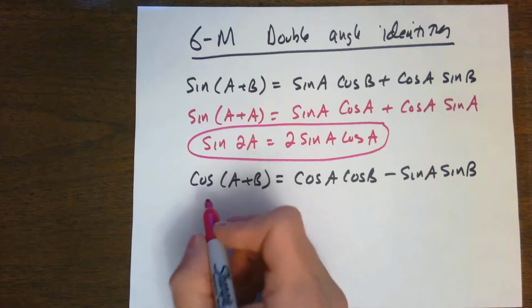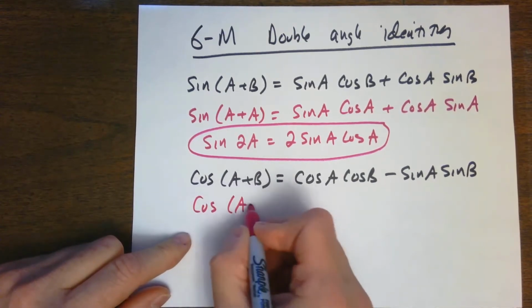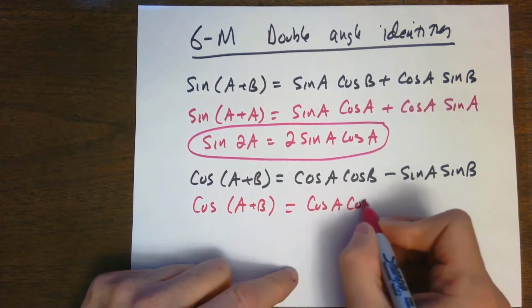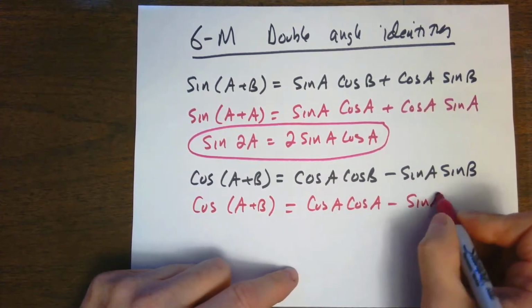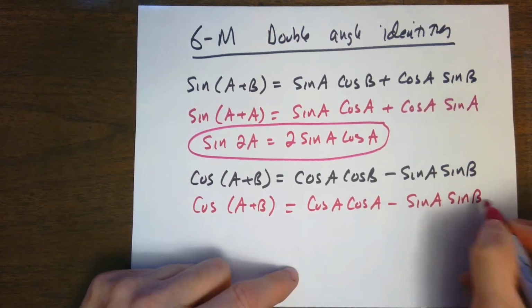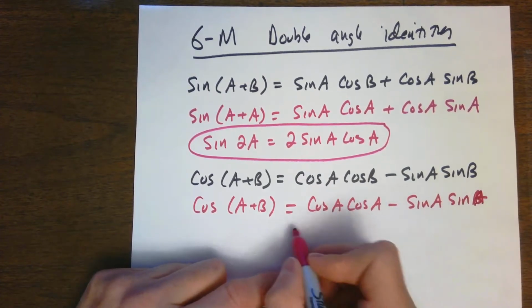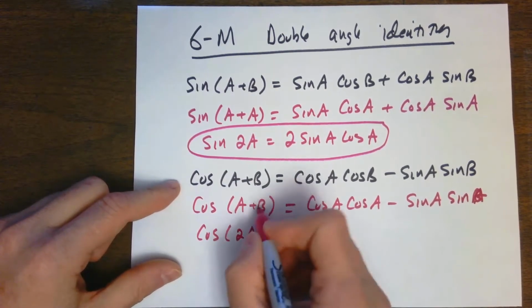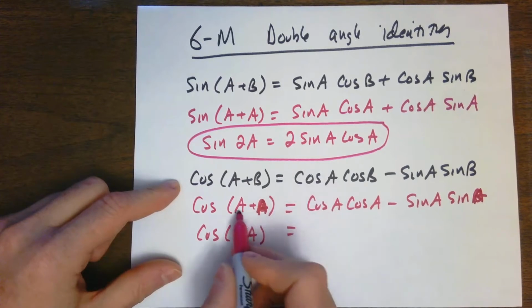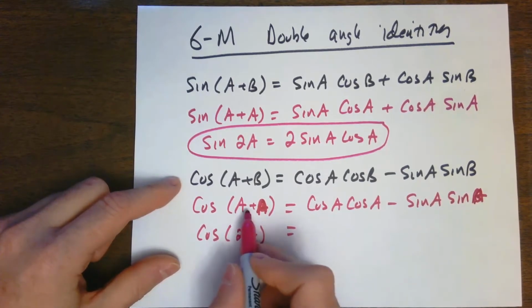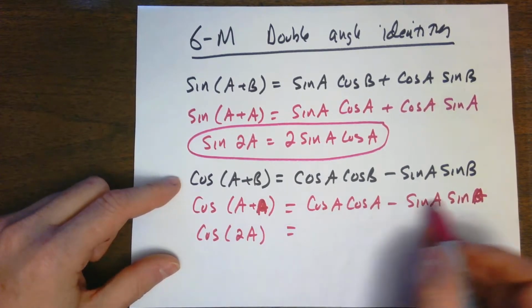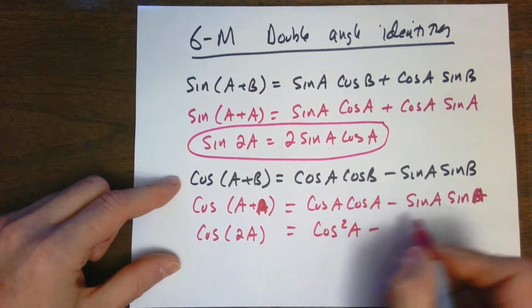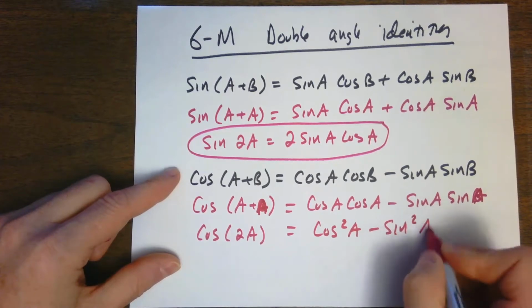Then the cosine of A plus A is going to be the cosine of A times the cosine of A minus sine A sine A. So I've got my identity here. The cosine of 2A, oh dear, this should be A and A, sorry, make them the same. So no A's and B's, just A's everywhere. So that's going to be cosine squared A minus sine squared A.